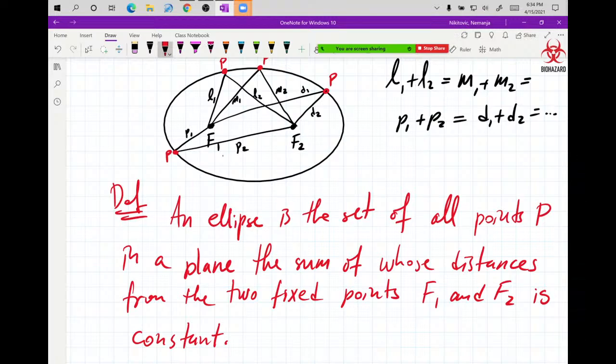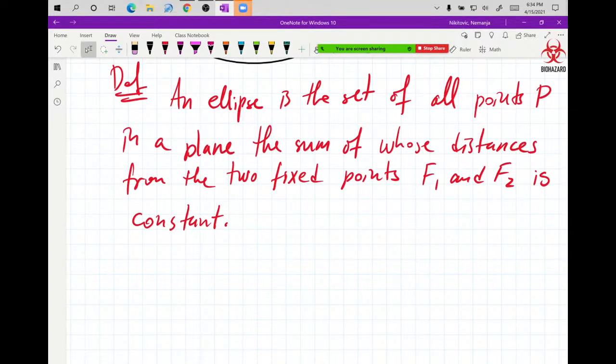So we do have in the middle a point that is called the center.